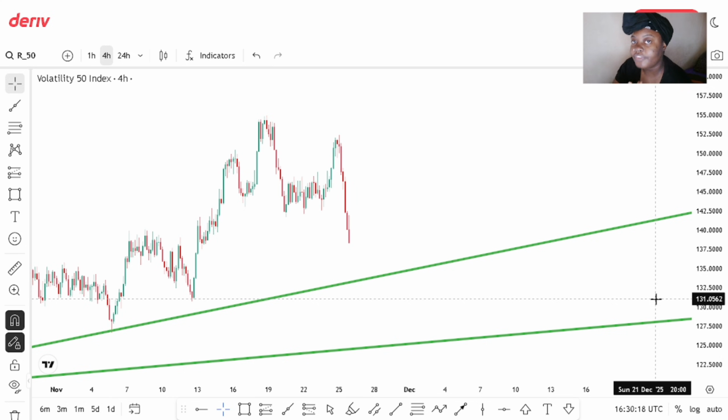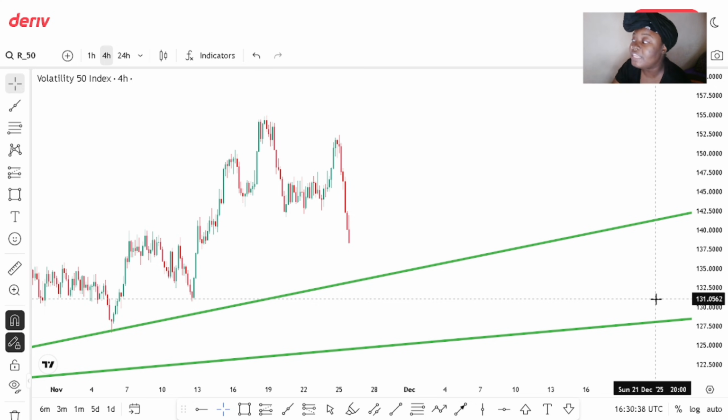Now, this is where I see a lot of people getting it wrong. I have different trend lines with different meanings. The trend lines that I draw on the higher time frame, like the 24-hour or the 4-hour, are just for directional move.